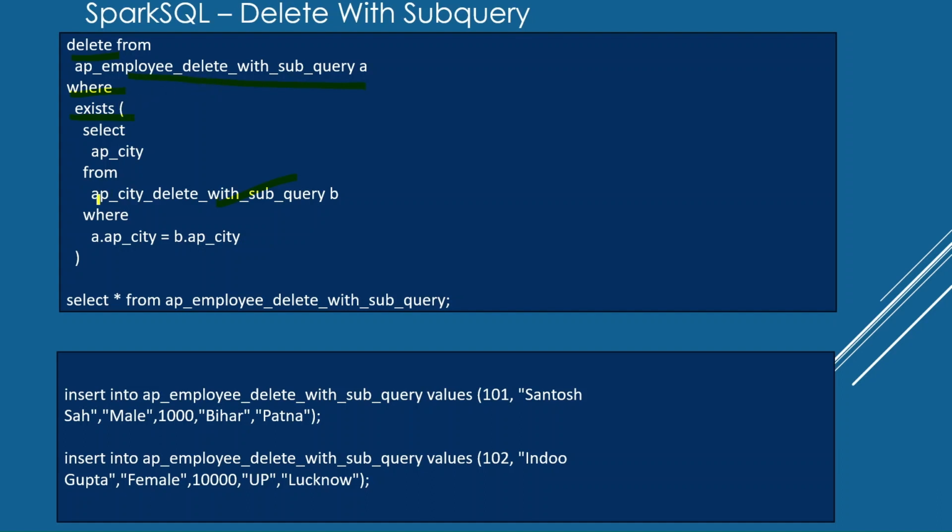In this subquery, we are checking the city which is present in this table and the city which is present in that table.